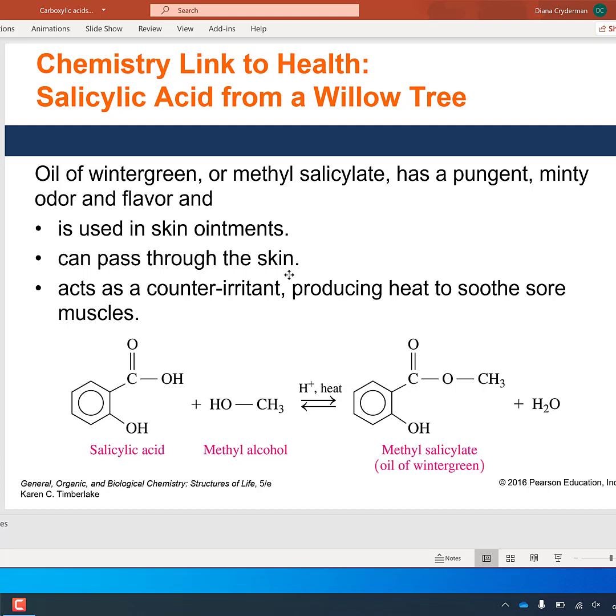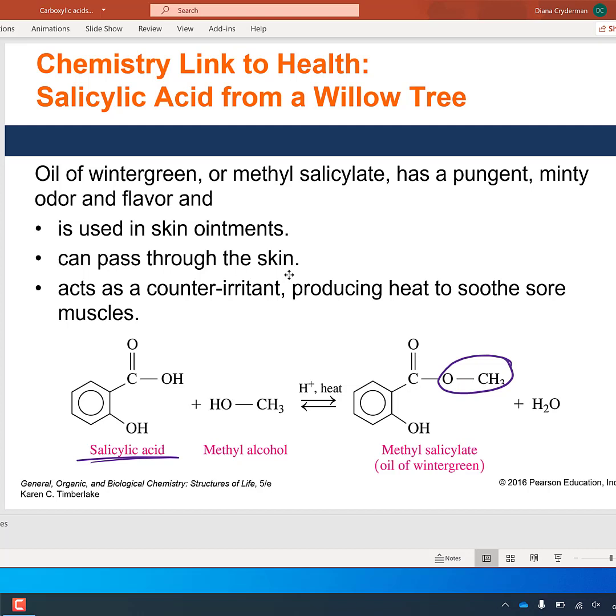And in fact, if we were to effectively take off this methyl group, we would have salicylic acid. So we're kind of going in reverse here. Of course, if we join salicylic acid with a methyl alcohol, a methanol, then we would get our methyl salicylate.